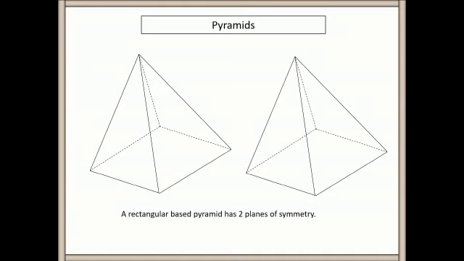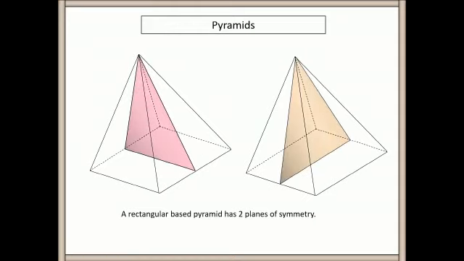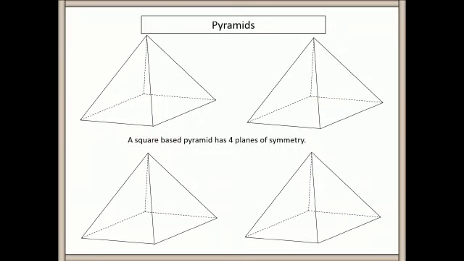Rectangular based pyramid. A rectangle has two lines of symmetry, so a rectangular pyramid has two planes of symmetry. Okay, so next one is a square based pyramid. In a square all 4 sides are equal, so you can make 4 lines.